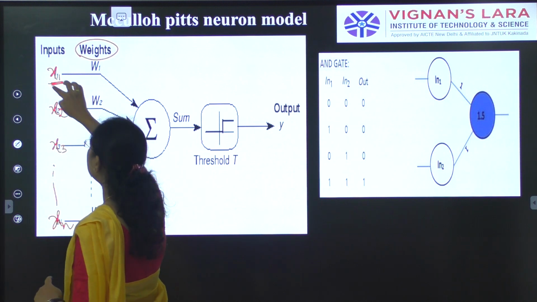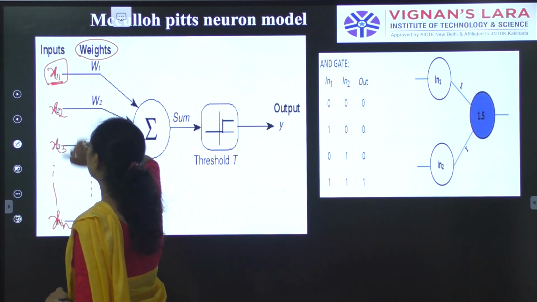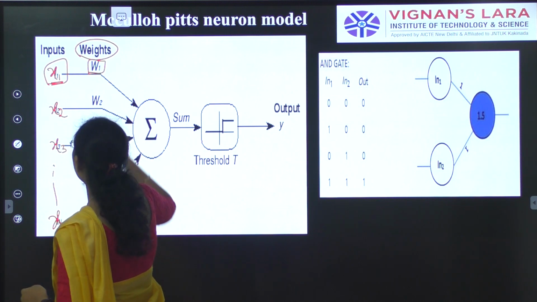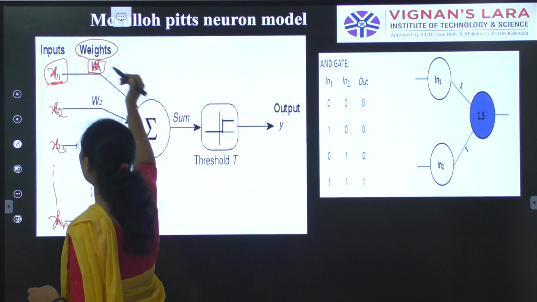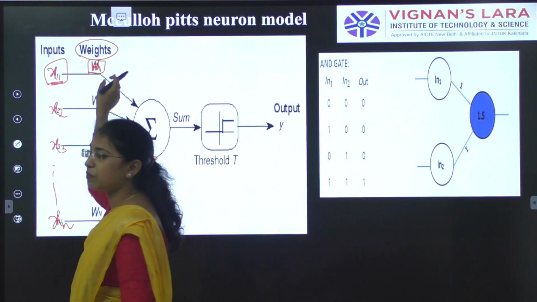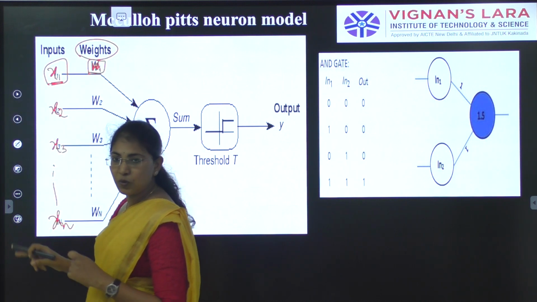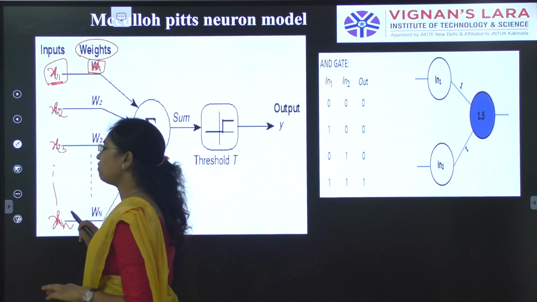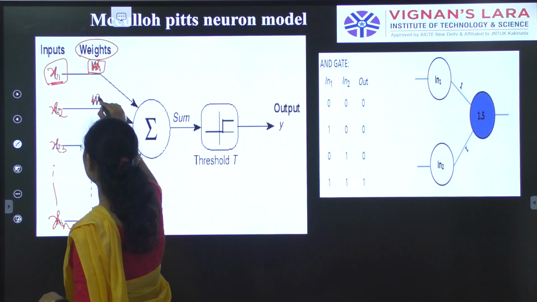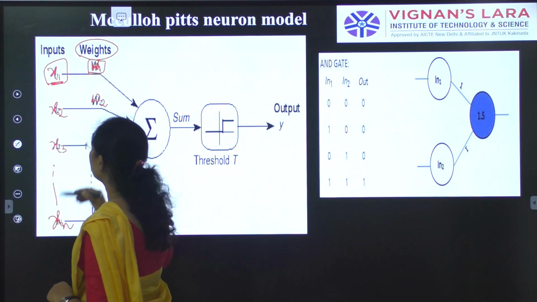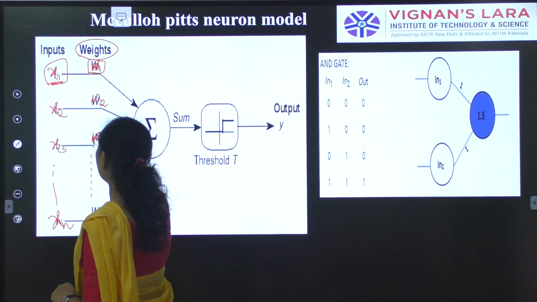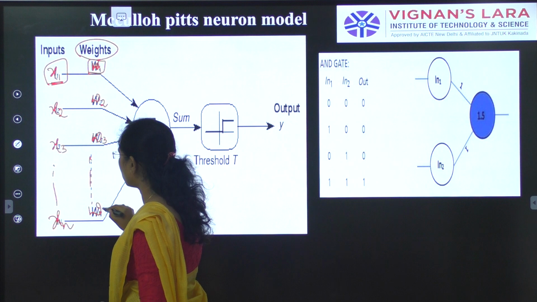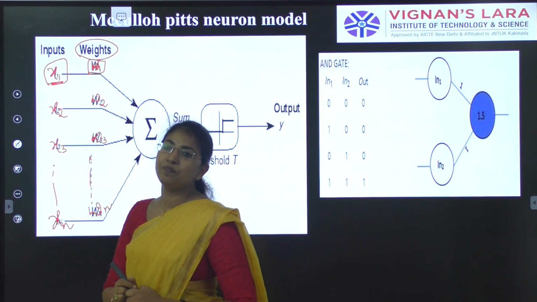For collecting the information of X1, synaptic weight W1 will be used, which represents the synaptic weight of the first input carrying input information X1. In the same way, second input has weight W2, third input has weight W3, and so on. The nth input has weight Wn.